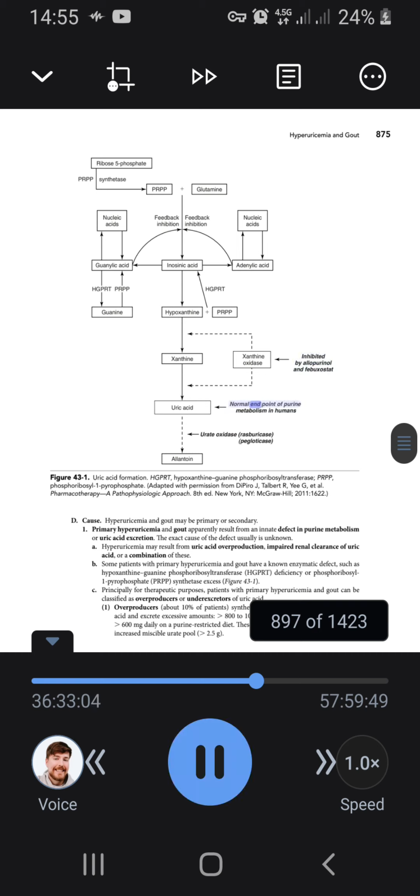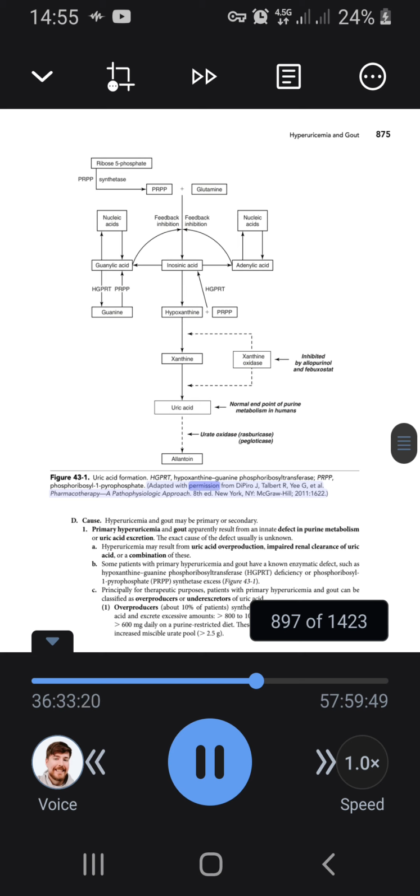Normal endpoint of purine metabolism in humans. HGPRT, hypoxanthine guanine phosphoribosyltransferase. PRPP, phosphoribosyl-1-pyrophosphate.